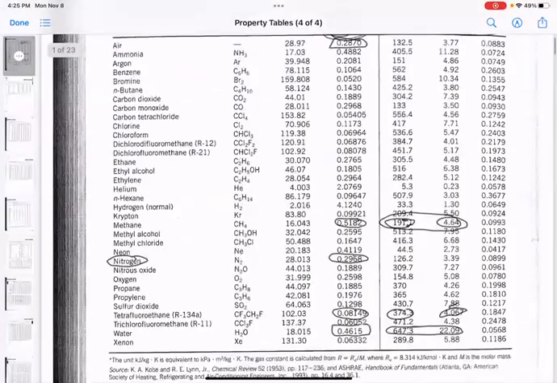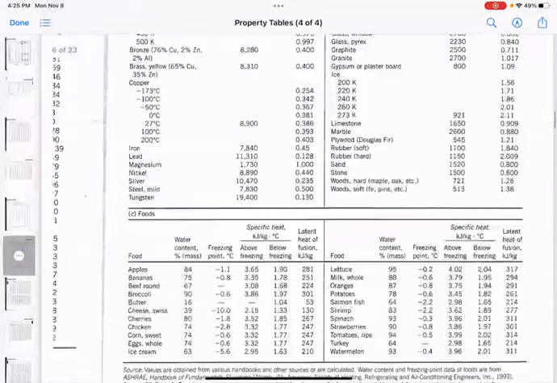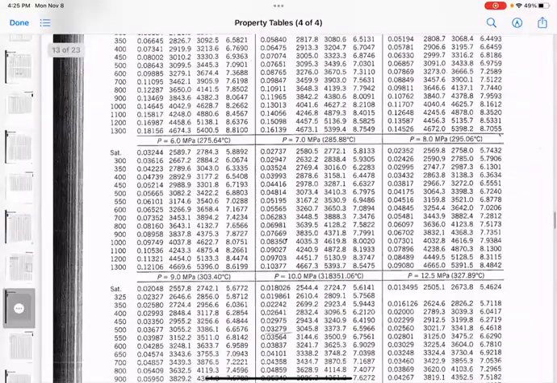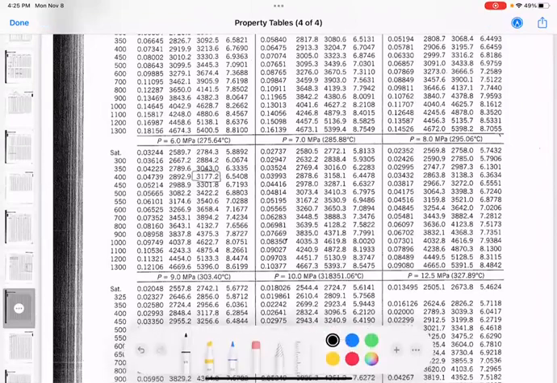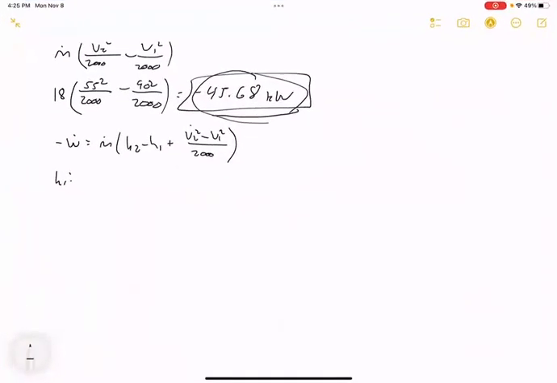We look at the steam tables for water at 6 megapascals, 400 degrees Celsius, and we see that the enthalpy, which is the third column, is 3177.2 kilojoules per kilogram. Excellent.